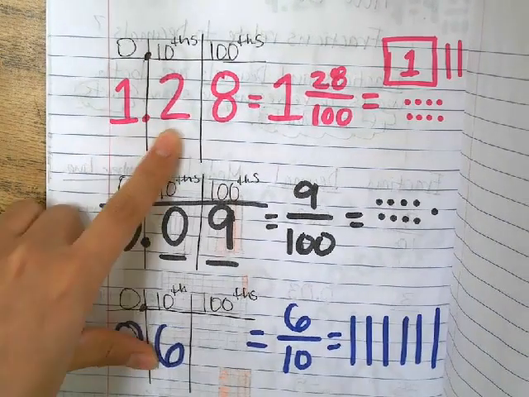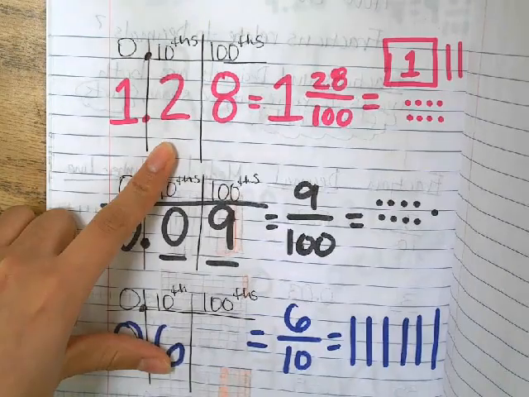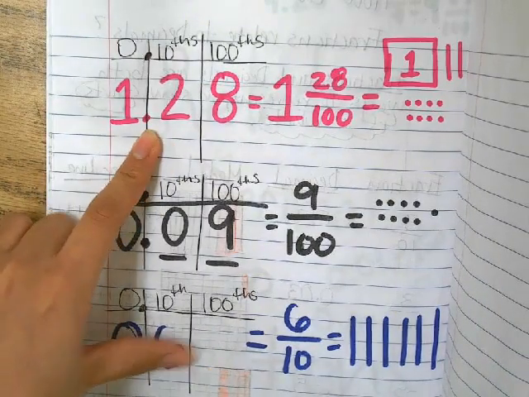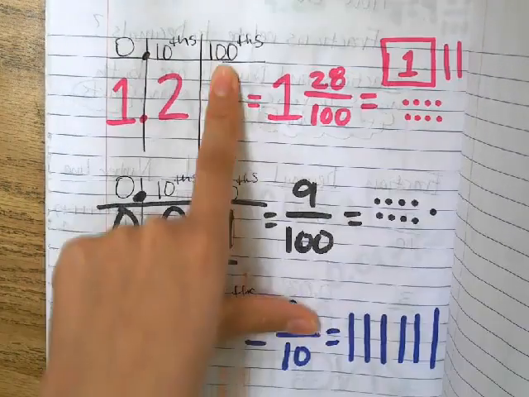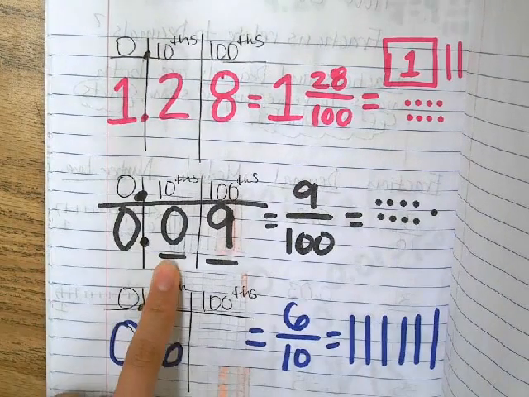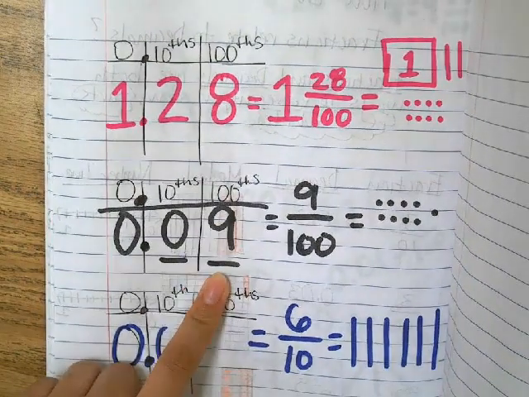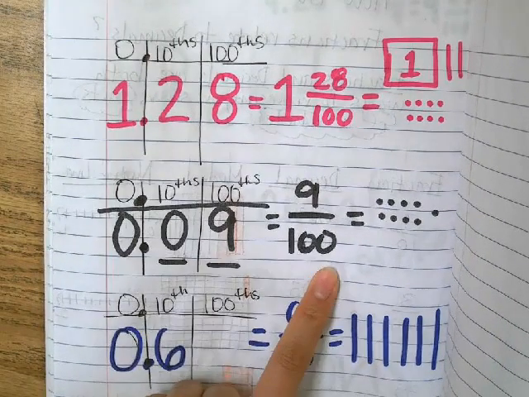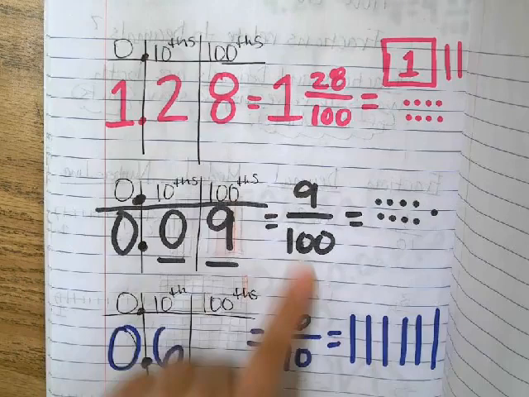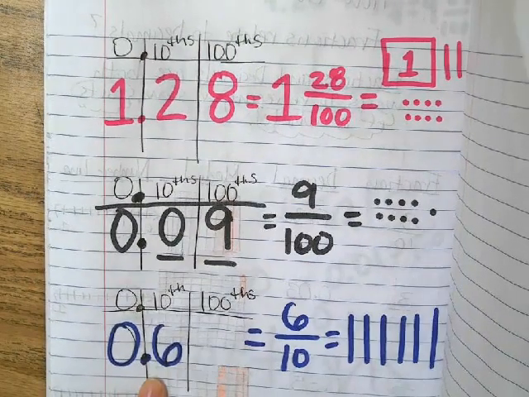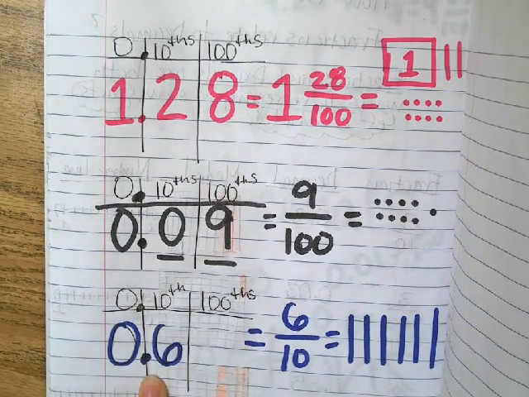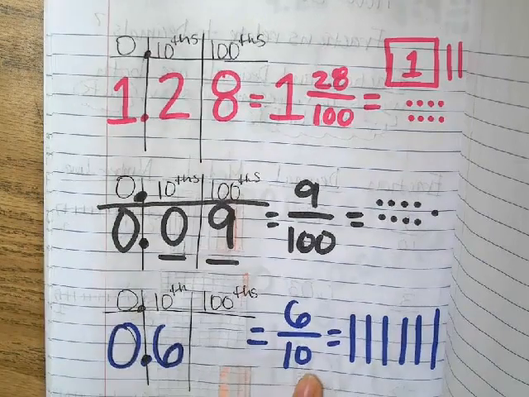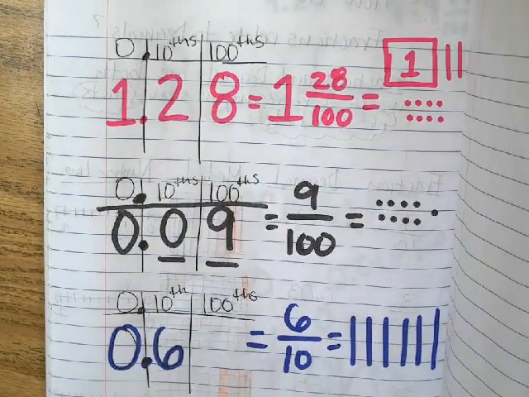We do notice that there are 2 digits to the right of the decimal, so that means 2 zeros. It's in the hundredths place. Same thing with this 9/100. 2 places to the right of the decimal, 2 zeros. That means it's 100. 9 out of 100. 1 place to the right of the decimal, 1 zero. That means it's a tenth. 6 out of 10.